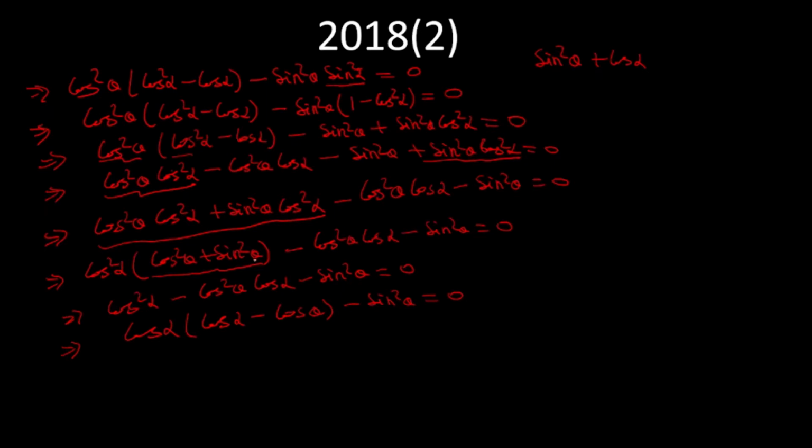Sir, you took cos alpha common, but here there is cos square theta. No, I take common cos square alpha and so we get cos square theta plus sin square theta. In the last line I take cos alpha common. Yes, sir, cos alpha minus cos square theta, that is correct. Now what we will do?